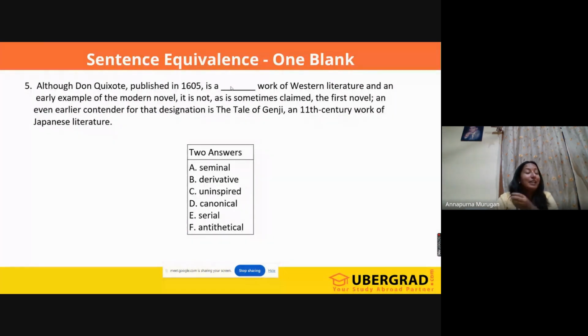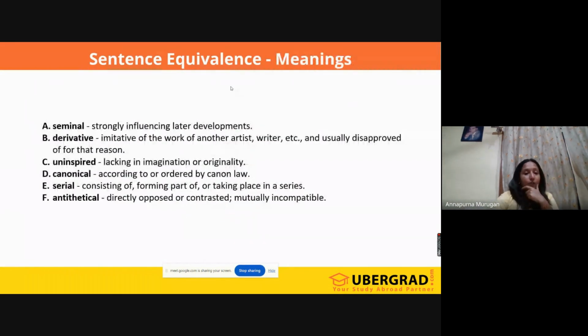Very good. Even if you don't know the meaning, the other words we have, derivative, uninspired, serial, and antithetical, won't fit here because that is not the meaning of importance. So obviously what will we be left with? Seminal and canonical. Just go and see whether they are saying the same thing.